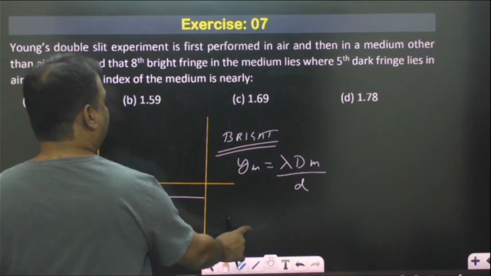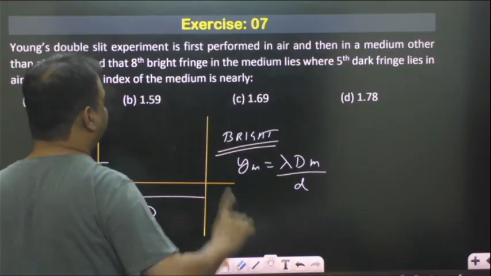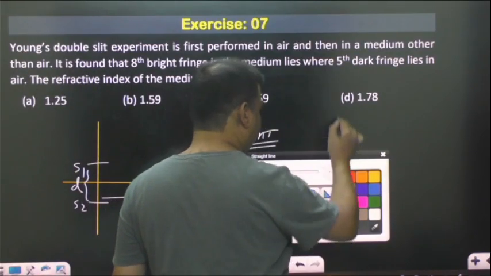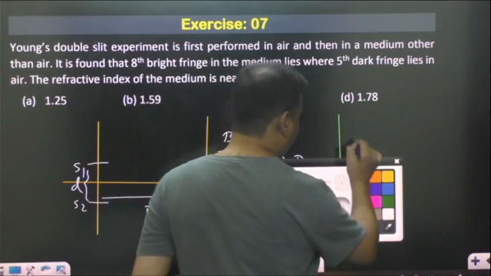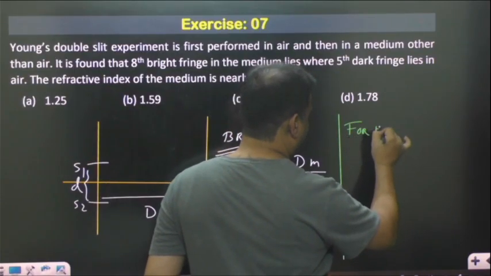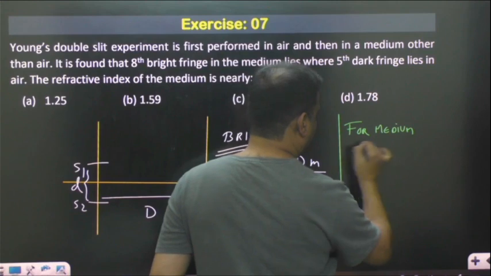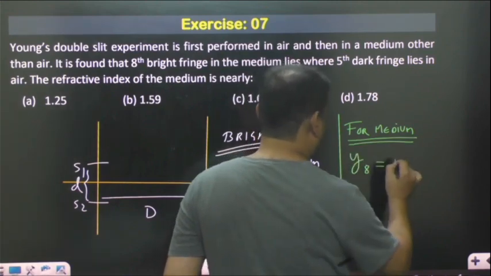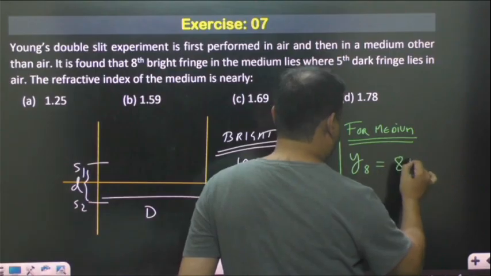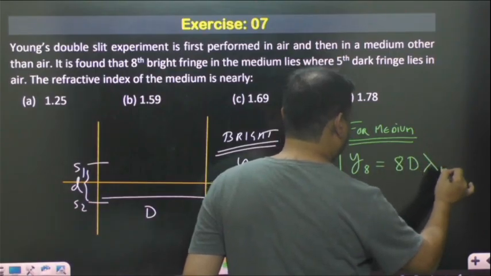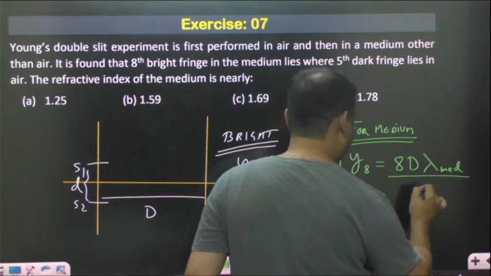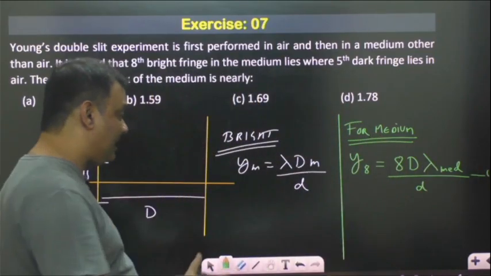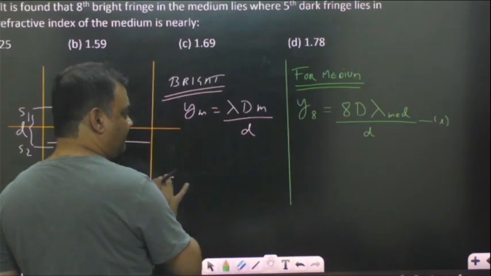So in the medium we have the 8th bright fringe. So let's make two equations, okay? First I am writing for medium. So it will be 8 capital D lambda of medium divided by small d, isn't it? We have to specify the lambda because lambda will not be the same in air and in that medium.